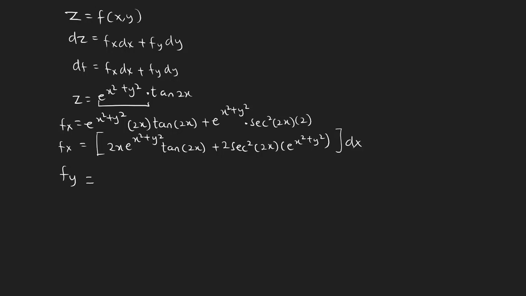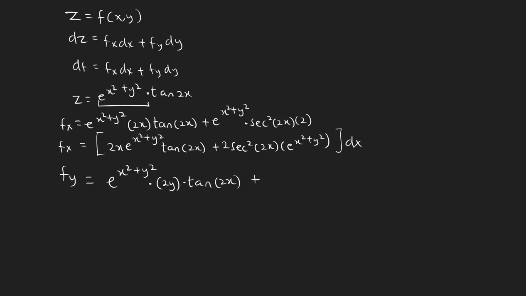So I'm going to have e to the power x squared plus y squared multiplying the derivative of what we have inside, x squared plus y squared. Differentiating this with respect to y gives us 0 plus 2y. So I'm going to multiply by 2y, and then multiply by tan 2x, which we kept constant.